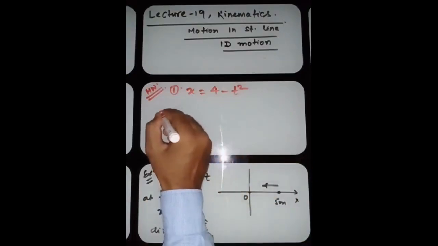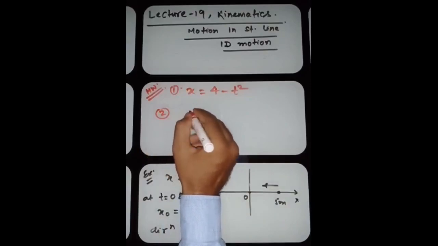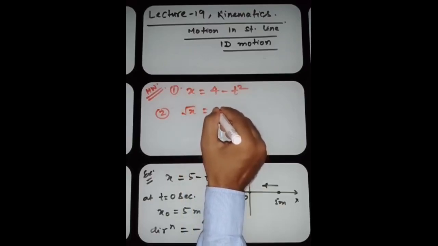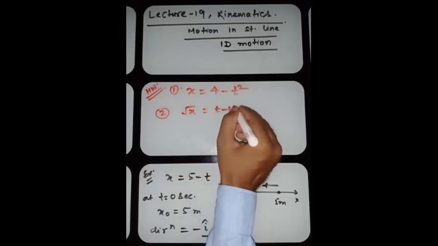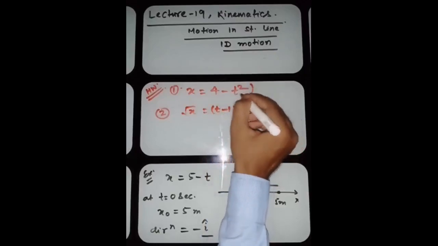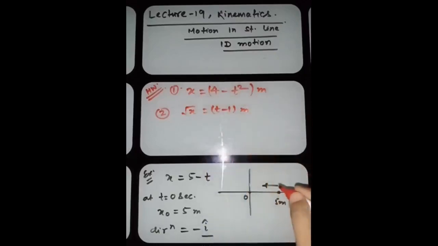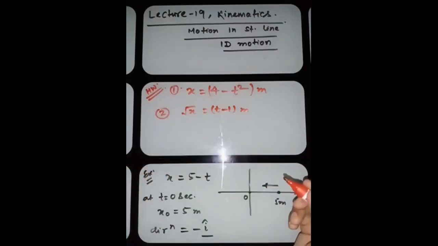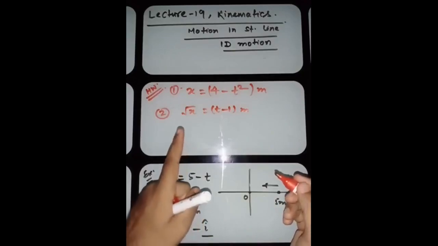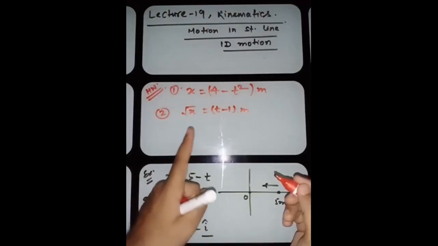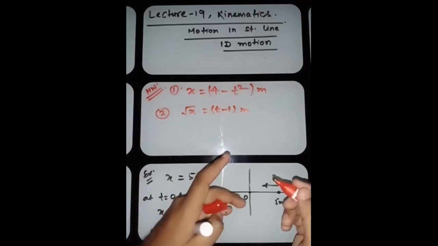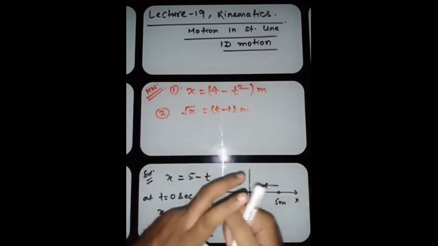Okay, and the second question, if root under x equals t minus 1 meter, then you have to find the position at t equals 0, and also you have to find the direction of motion.